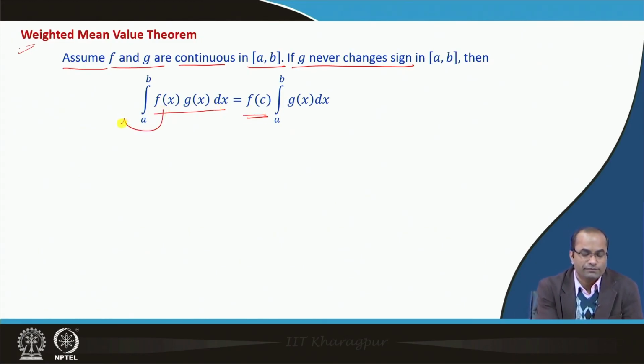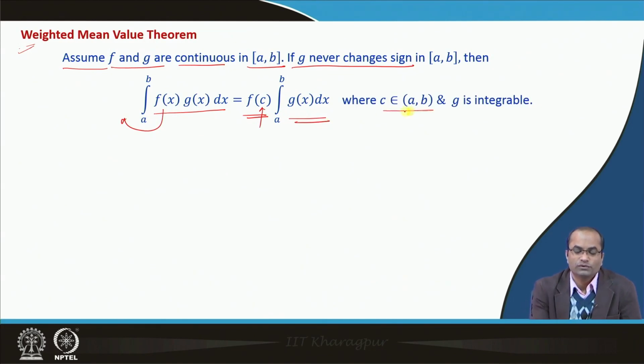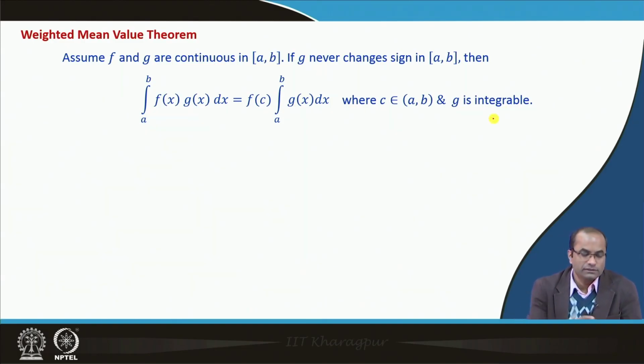The f we can bring outside the integral, and there will be a point c somewhere between a and b, where we can have this equality, times the integral of g x dx, and obviously g must be integrable. So, that is the weighted mean value theorem which we require for deriving the formula of the error in trapezoidal rule.